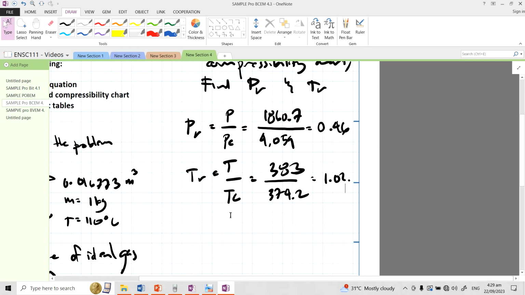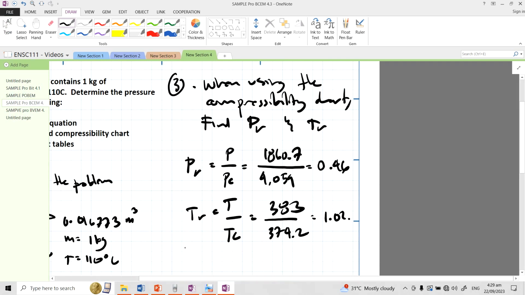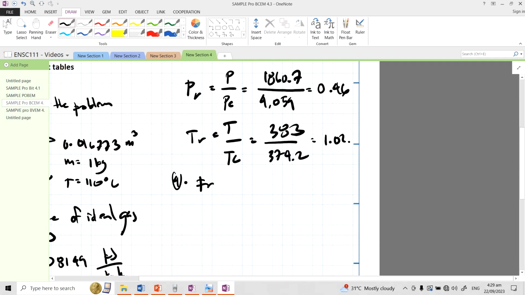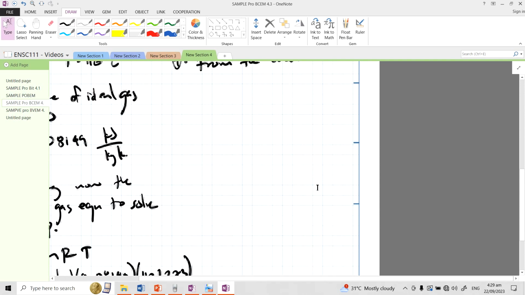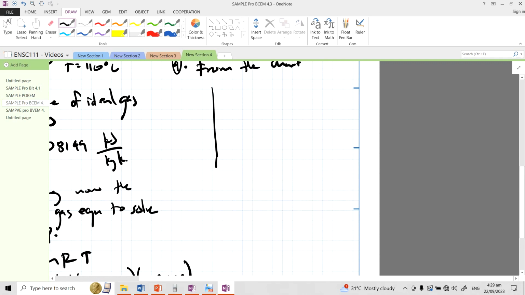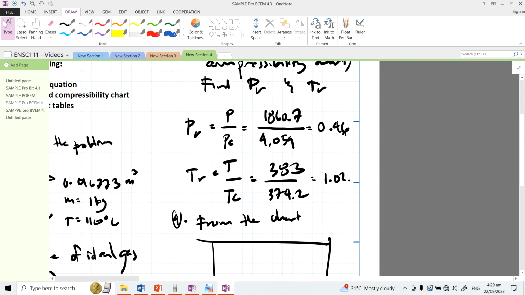So now let's go to the chart. From the chart, let's draw a chart here. Our reduced pressure is, let's say, 0.5, and the reduced temperature is 1.0.